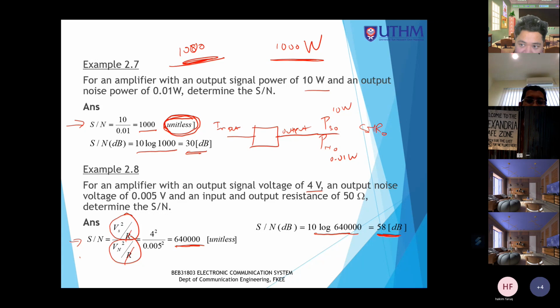So you see that the good thing is for a large value like this, we can change into a small value like this if we convert into decibel. So kalau nilainya menjadi ini seperti ini, maka mudah untuk kita buat calculation. Okay, that's one of the reason why we need to convert into decibel. Okay, one of the reason is to make it easy for us to do the calculation.